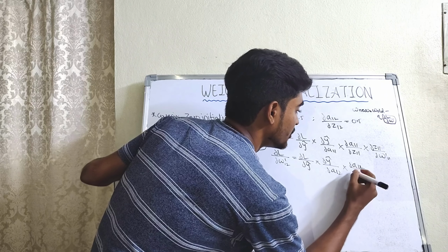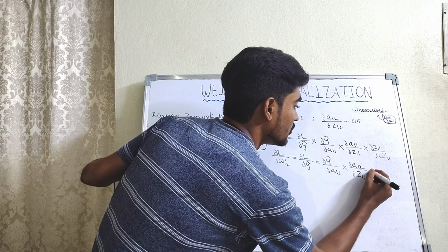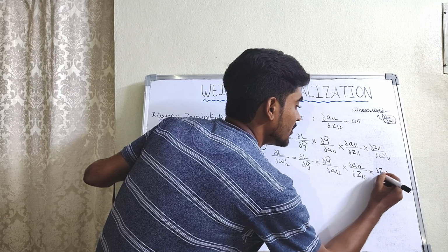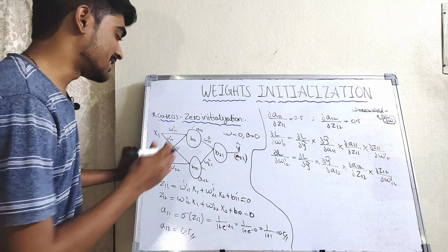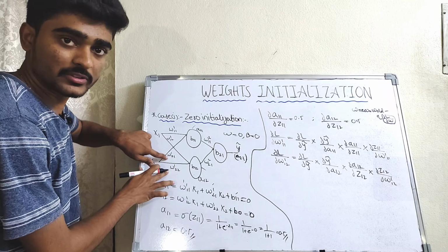This is the gradient expansion of this weight. Now we calculate the similar one for this weight: dou L by dou w112 is equal to dou L by dou y hat, dou y hat by dou a12, dou a12 by dou z12, into dou z12 by dou w112.